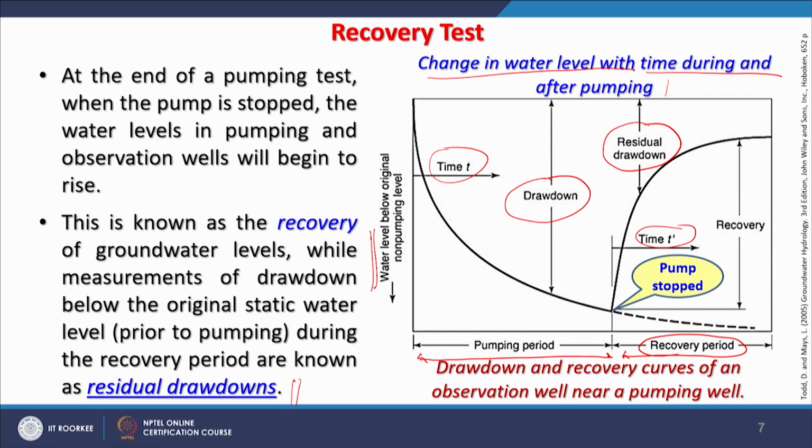So, there is an original level, pumping stops, and now residual drawdowns. You can observe here that the water level was originally here, and now it is left with this much gap. That is what we call residual drawdown.